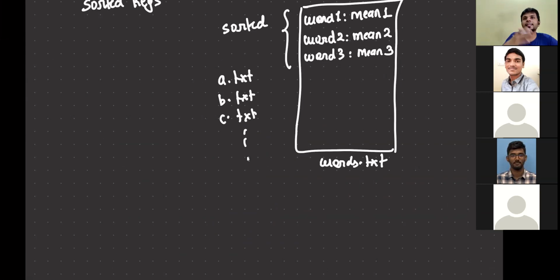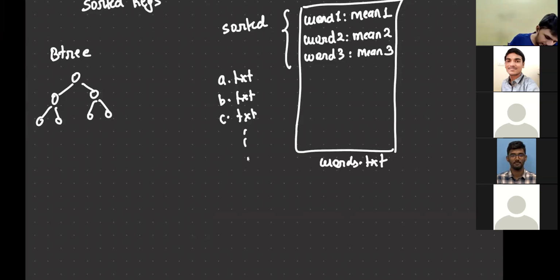Okay, let's take things one by one. You said B tree, so let me add a B tree here. In the B tree, what kind of information are you storing? What's the leaf node? They will be pointers. For example, every range of words, like you said, a.txt. Let's say A to B, C to M, N to P, and P to Z, something like this.